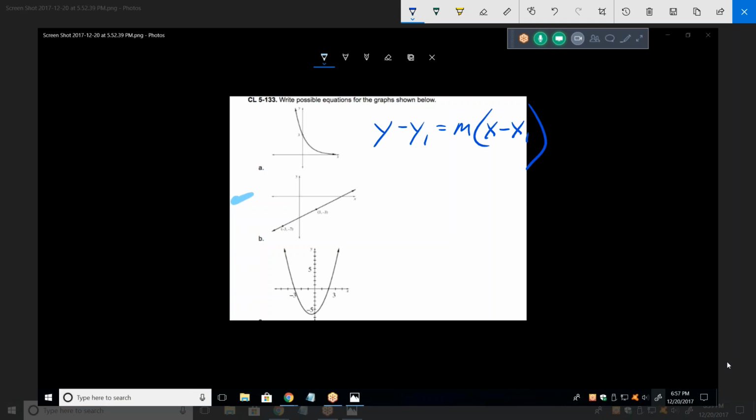But what we do have is 2 points, which will allow us to figure out a slope, and then we can use either point to come up with the rest of the equation. So that is -3, -7, and that is 3 comma -3. So tell me what the slope is.